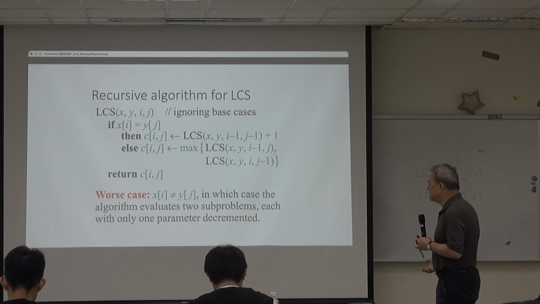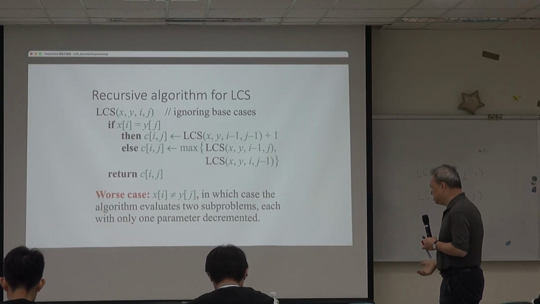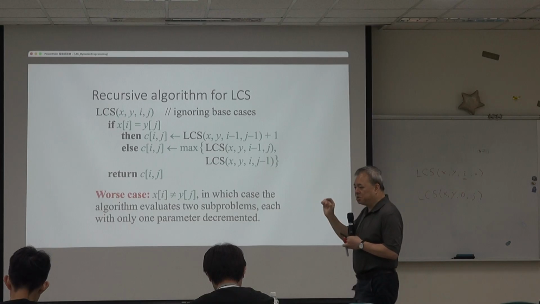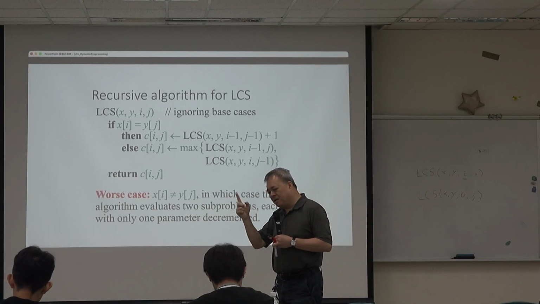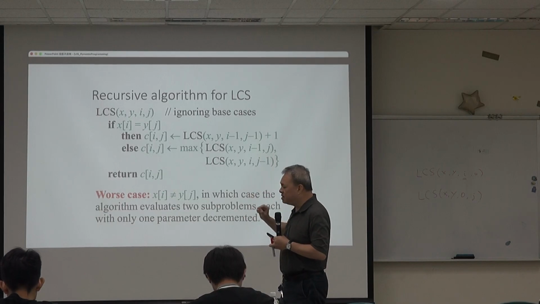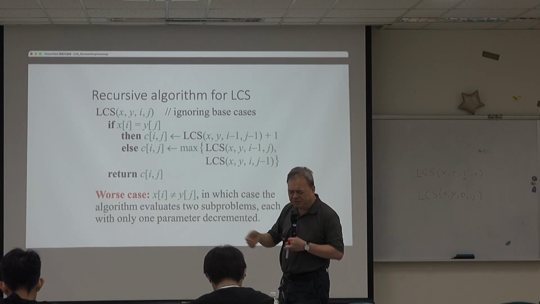In this case, your algorithm will evaluate two subproblems, each with only one parameter decremented. I mean the reduction of your parameter is also becoming slow.